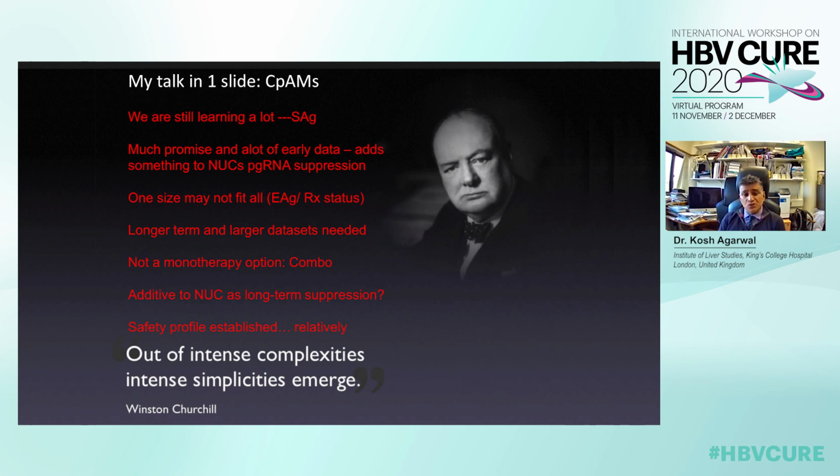It's clear that this will not be a monotherapy option. There is viral breakthrough with monotherapy, and this will be a combination either with a nuke for long-term suppression, as one company is certainly taking forward as a route to licensing, or likewise as a combination with many of the other mode of action drugs that we're going to learn about in the subsequent presentations and hopefully in the discussion.